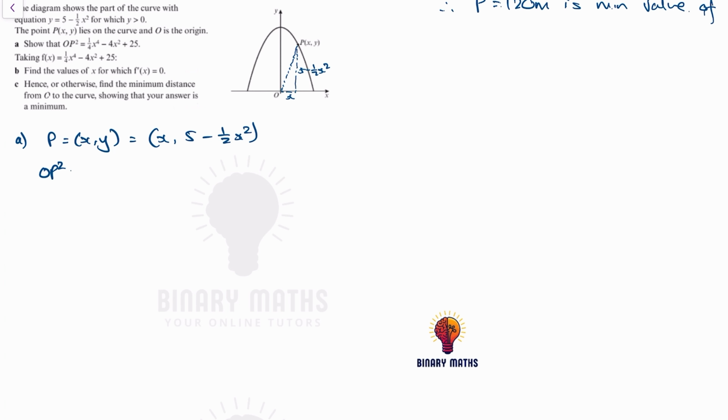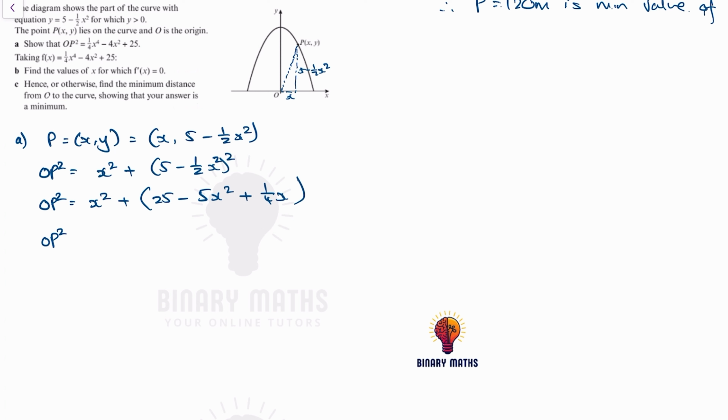Then OP squared is equal to x squared plus (5 minus a half x squared) squared, which means I've got OP squared is equal to x squared plus 25 minus 5 over 2 doubled, which gives me 5x squared plus a quarter x squared, which means OP squared is equal to, sorry, x to the power 4.